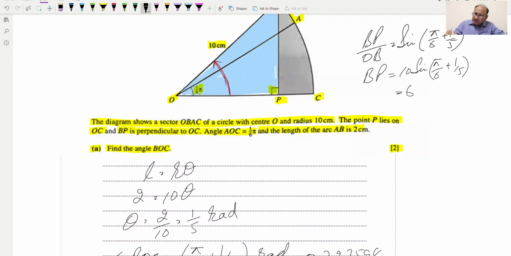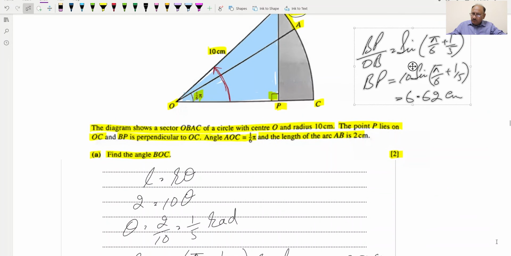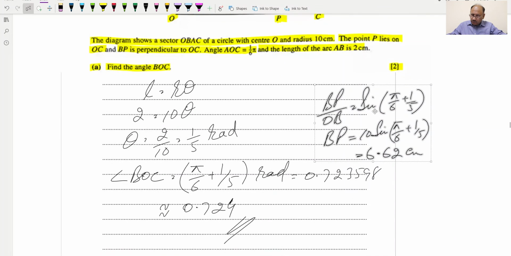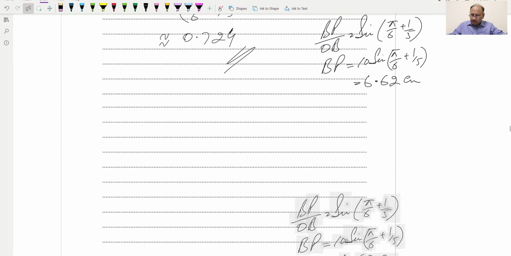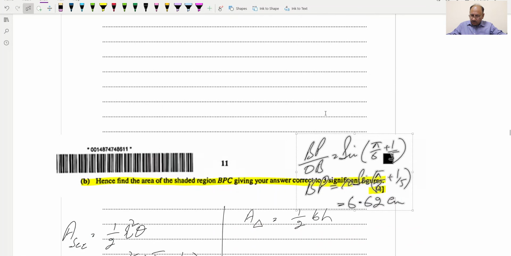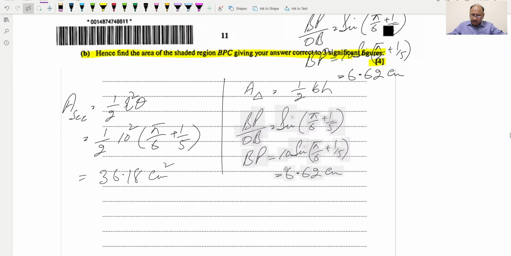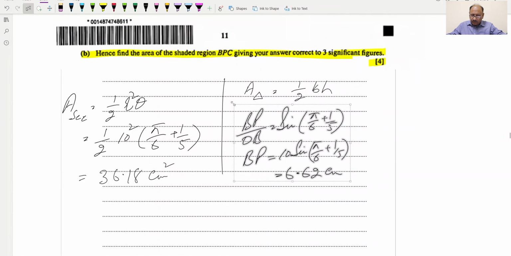So we can write here 6.62 centimeters, and we can shift this over here, and this will be our working for height.